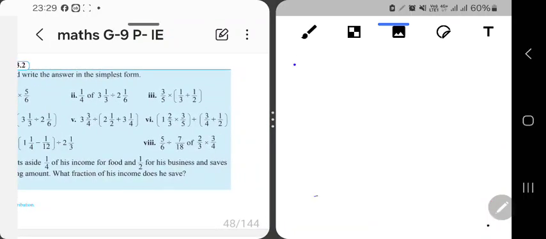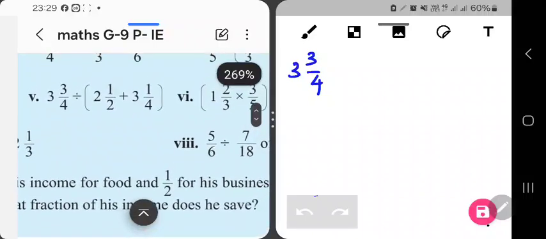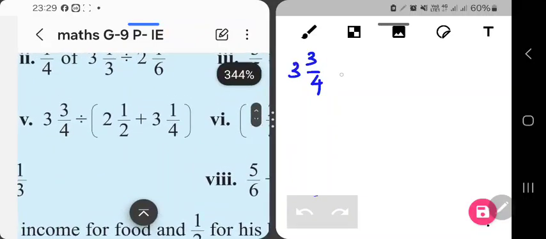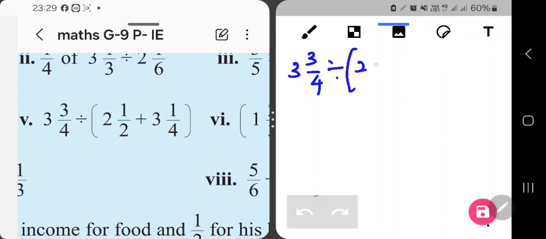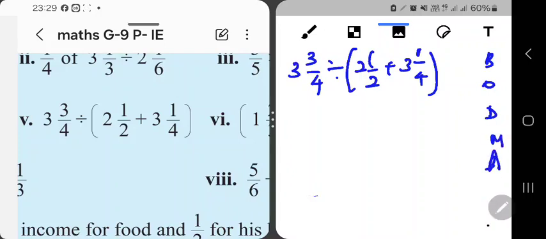So it states 3 over 4, let me just zoom it in, then division, then you have brackets. Okay, so the first thing to do is brackets, right? So according to BODMAS, I'll just write it in this way. First you have to do the brackets, whatever is within the bracket. So let's do that first.